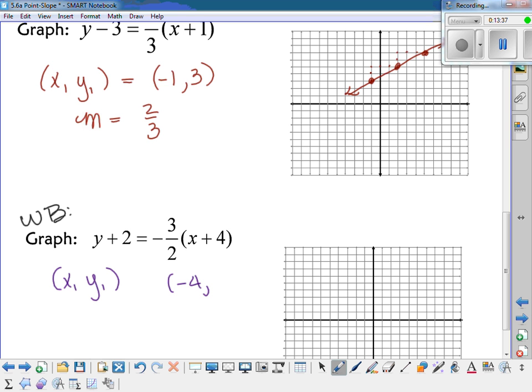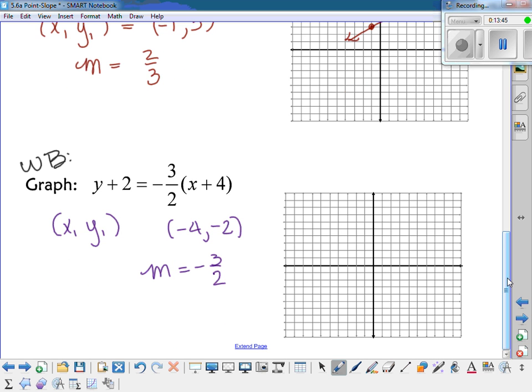And the y had to have been negative, it was -2. And your slope is -3/2. So we start at -4, -2, and we use our slope of -3/2. We go down 3 and to the right 2. Down 3 and to the right 2. And then you draw the line. This concludes the video.